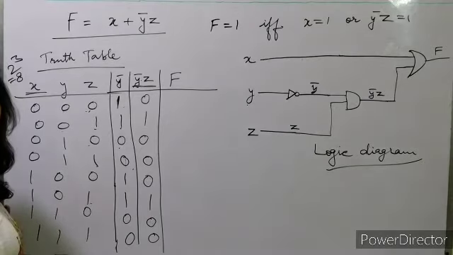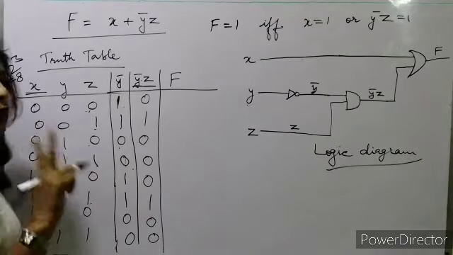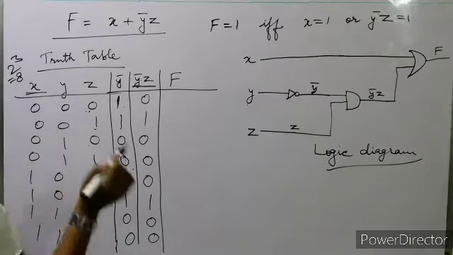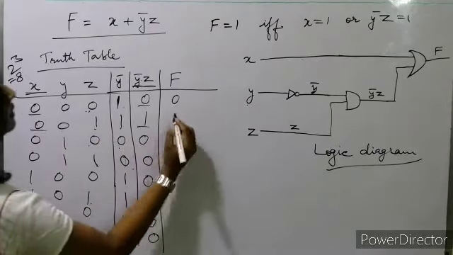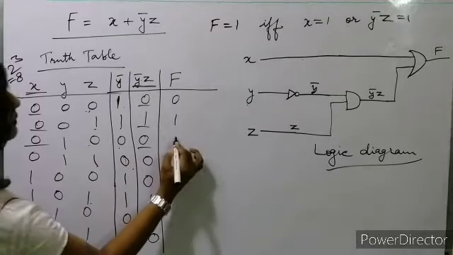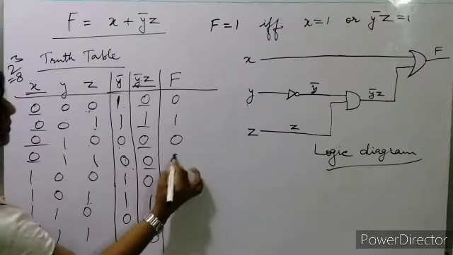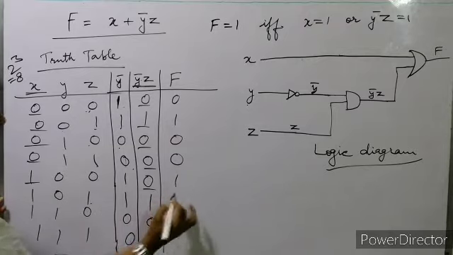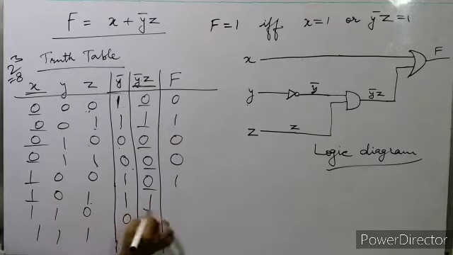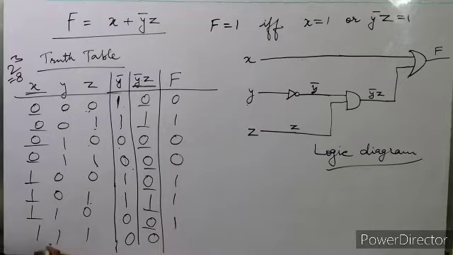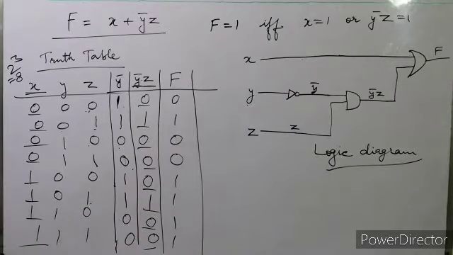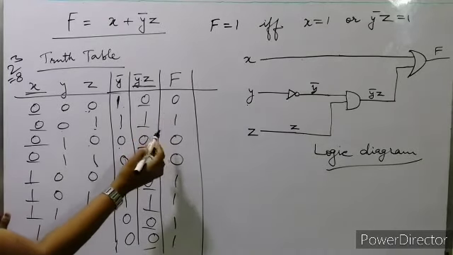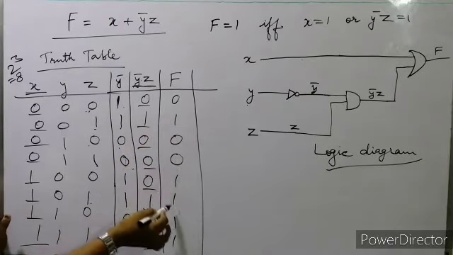Okay, so 0 plus 0 will be 0, 0 plus 1 will be 1, 0 plus 0 will be 0, 0 plus 0 will be 0, 1 plus 0 will be 1, 1 plus 1 will be 1, 1 plus 0 will be 1, 1 plus 0 will be 1. Okay, so this will be the answer. What will the answer be? 0 1 0 0 1 1 1 1.